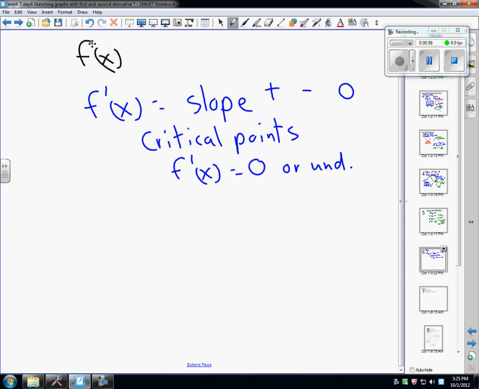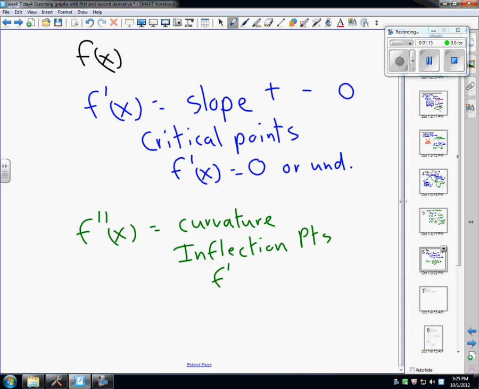The second derivative is all about curvature, and the points you care about are inflection points. That's when your second derivative equals 0 or is undefined.